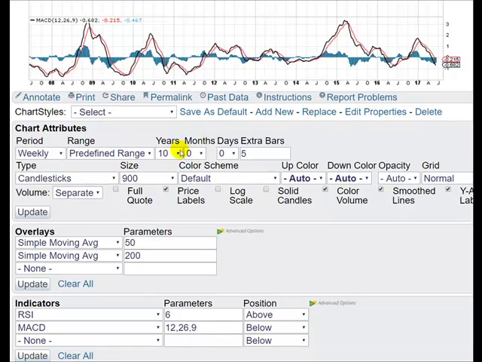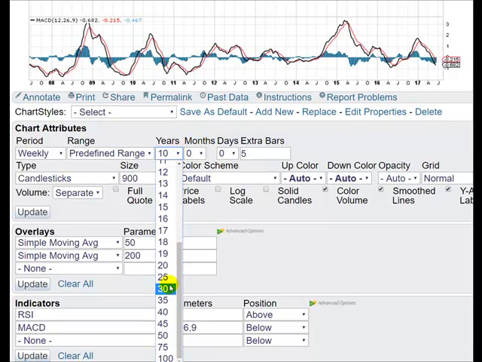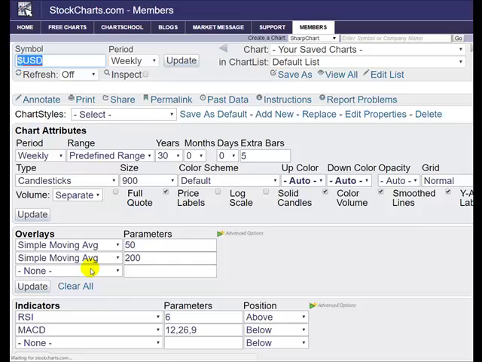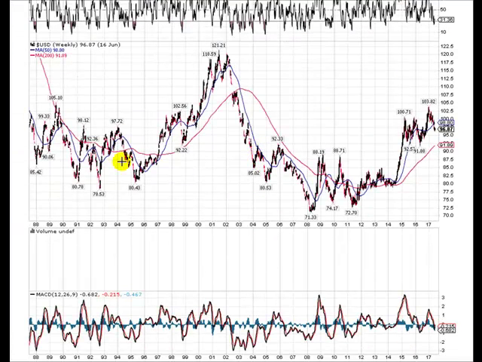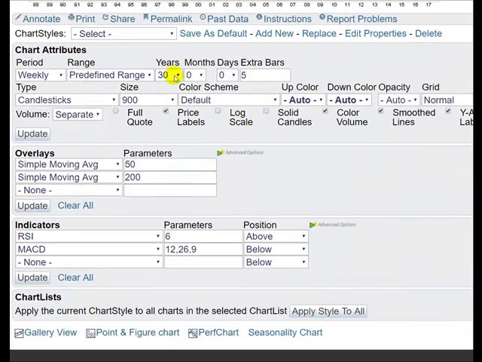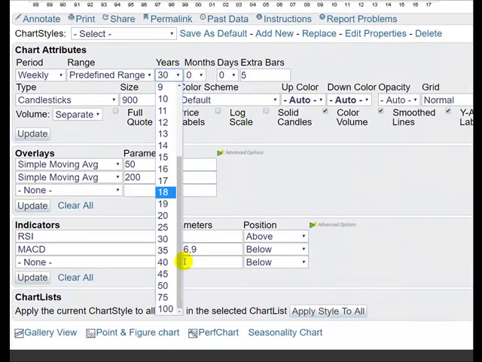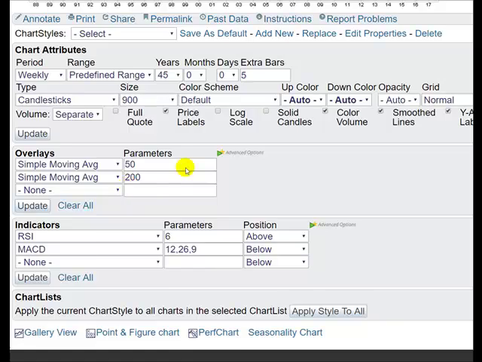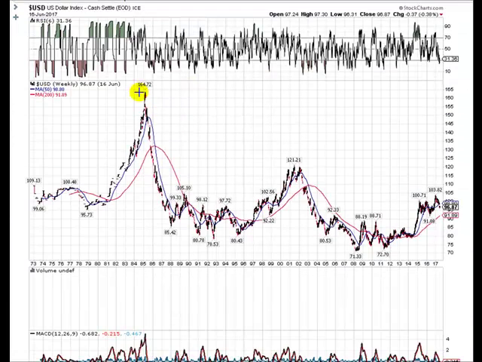If you just look at the dollar over, say, something long like the past 30 years, they've been watering it down for a very long time. And you go back even further, and you see these long downtrends.